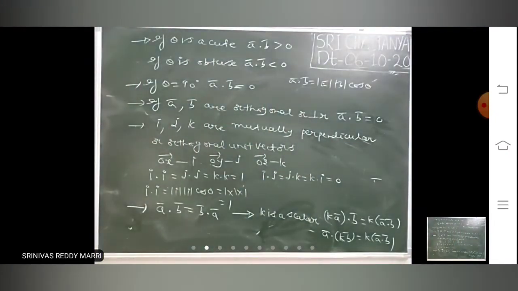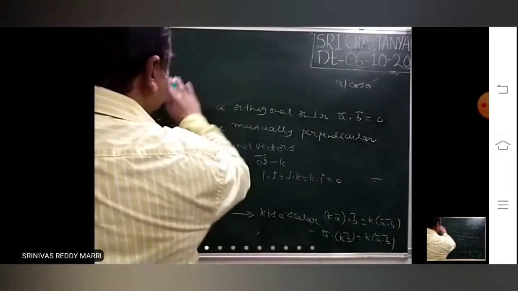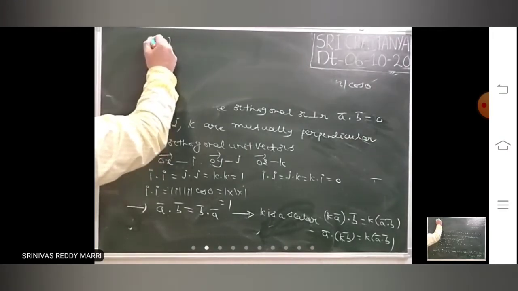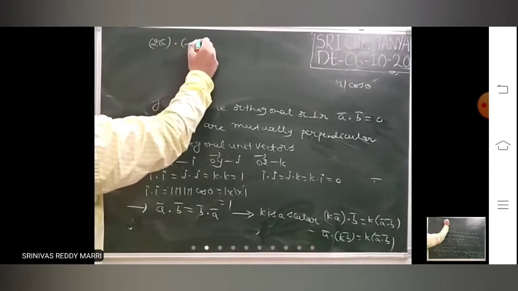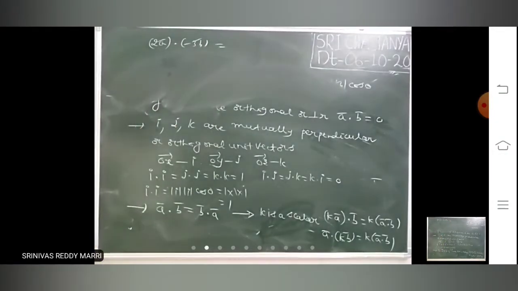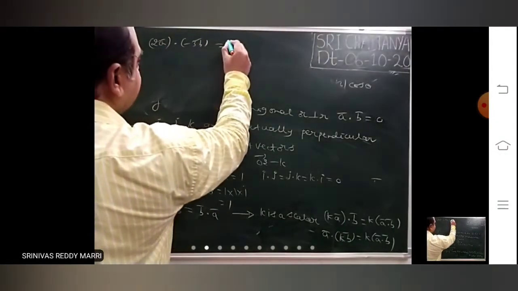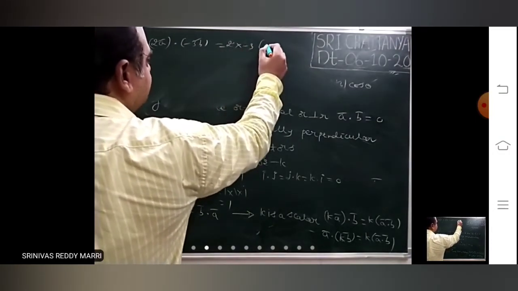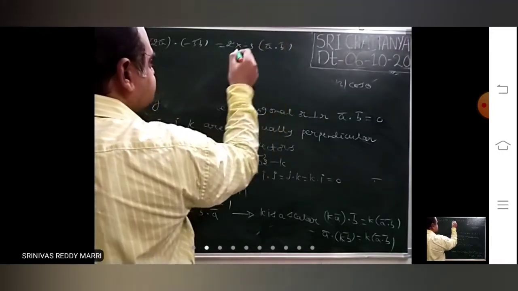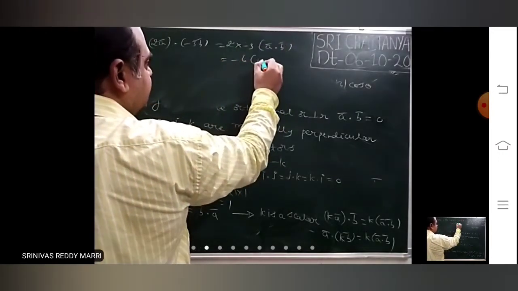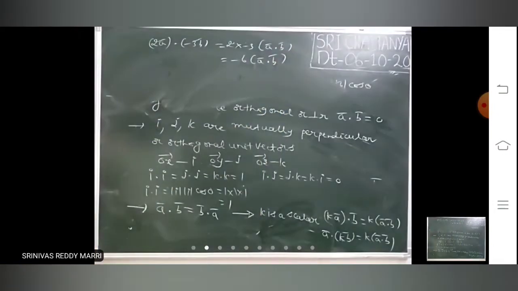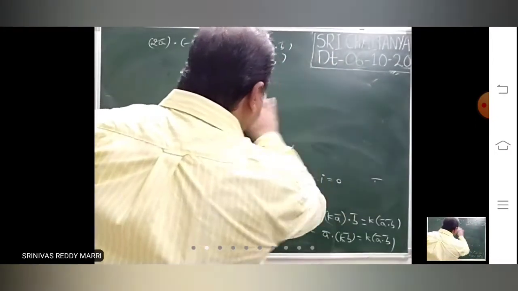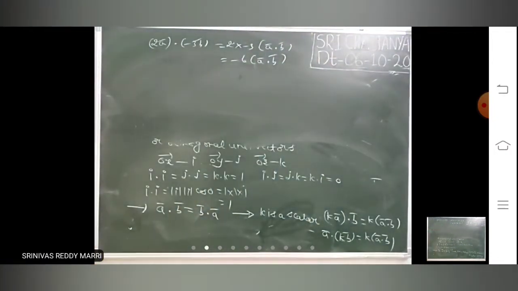Suppose the vectors are 2A bar dot minus 3B bar. The 2 and the minus 3 are scalars, so write them outside: 2 into minus 3, which is minus 6 into A bar dot B bar. Whenever a scalar is there, write it outside the dot product.